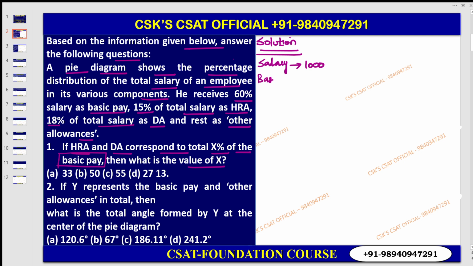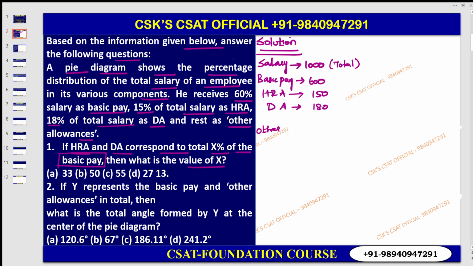Then you can see the basic pay here is nothing but 60% of the total. 60% of that 1,000 is 600. Then HRA, 15% of the total salary. I'm assuming 15% is 150. Then DA provided here as 18% is 180.